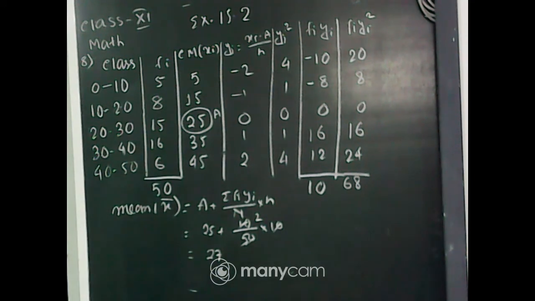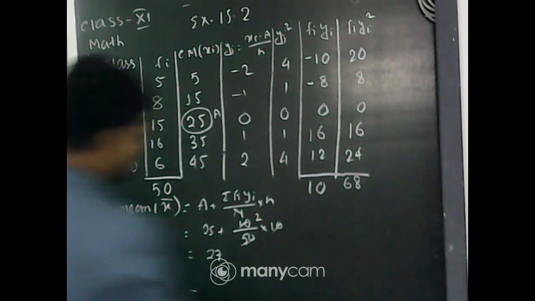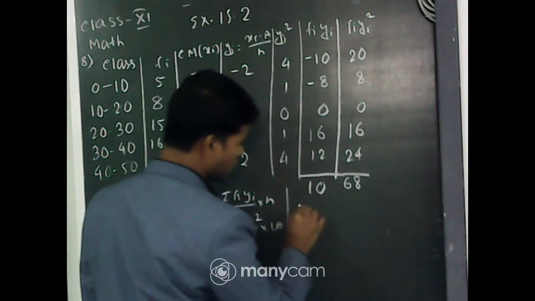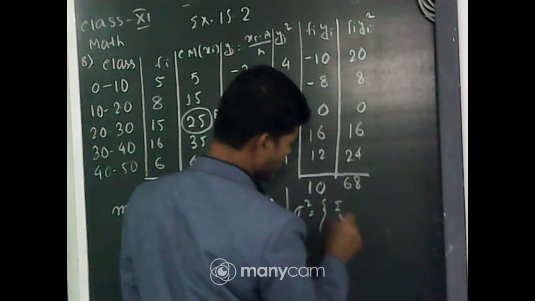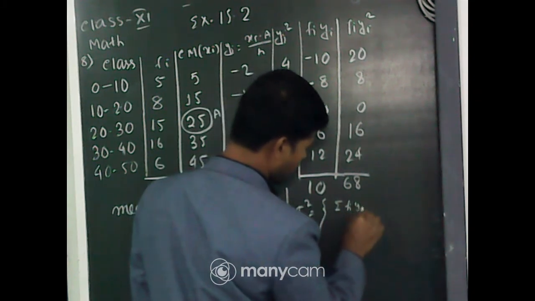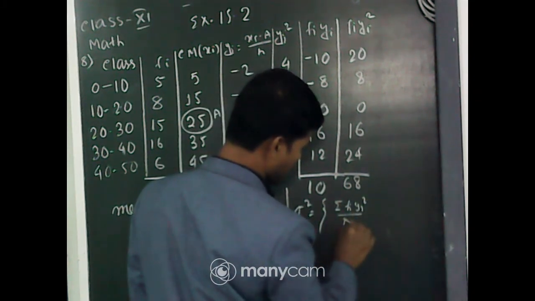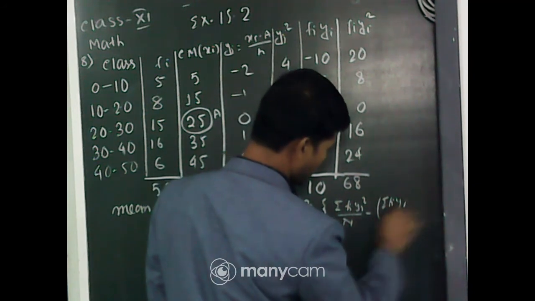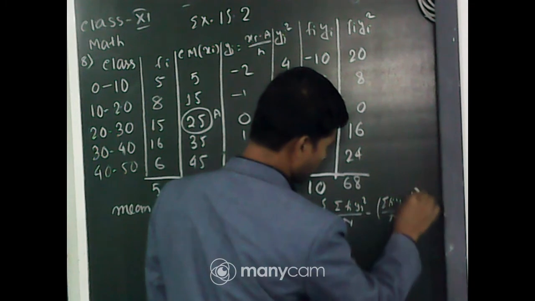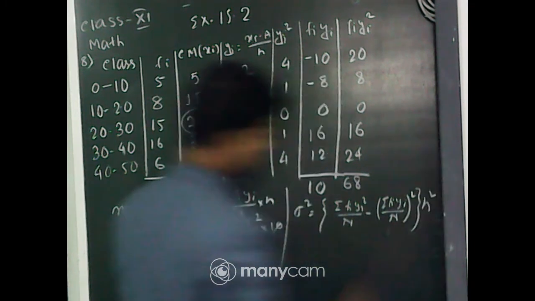Now the mean is known. Now we have to find the variance of the data. The variance is denoted by sigma square, which is equal to summation of fi yi square by n, minus (summation of fi yi by n) whole square, into h square.